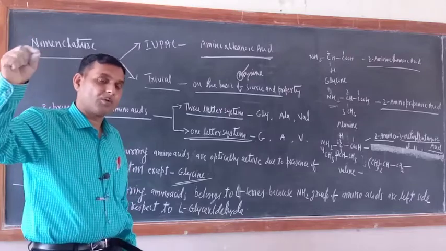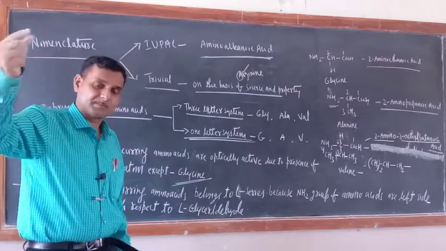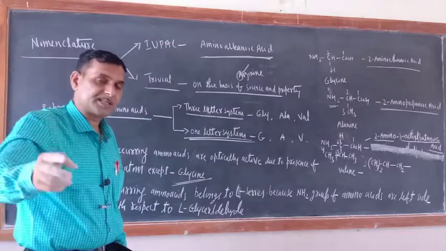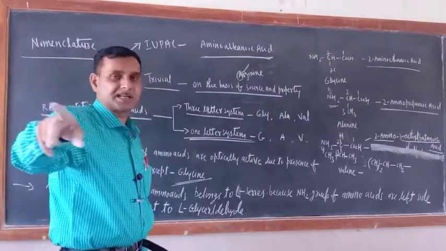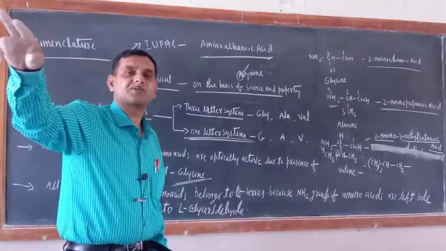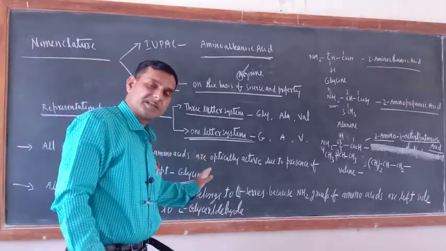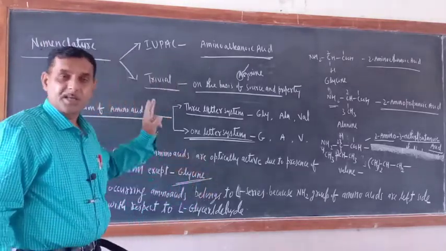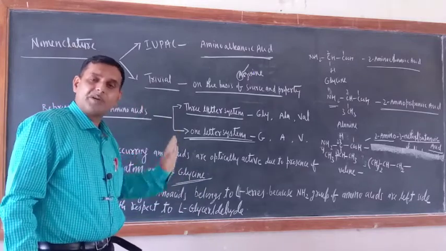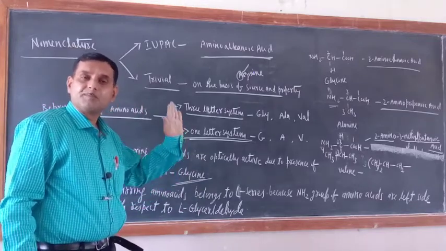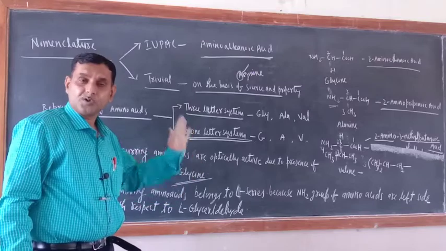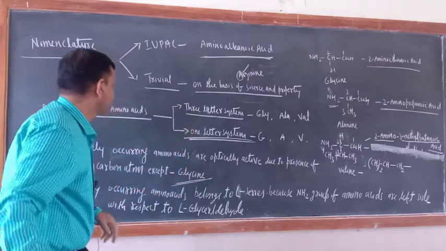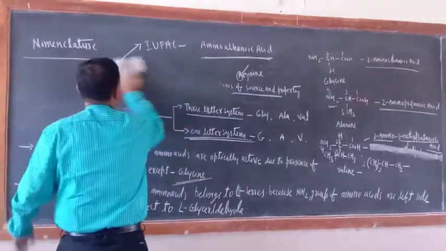If their OH on the fifth carbon atom is similar to the OH of D-glyceraldehyde, they belong to the D series. Same is the way here also. Here we compare all amino acids' NH2 group with respect to the OH group of glyceraldehyde.